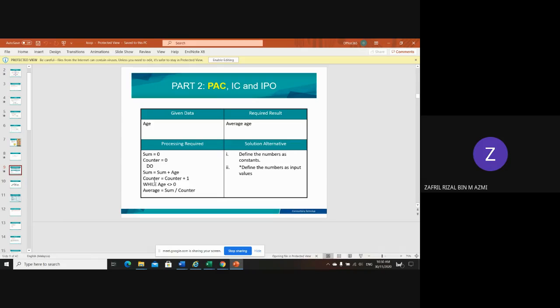So if you are using looping, somewhere over here mention about the looping. Let's say if you want to use while, just put it in brief, also okay. If you want to put it in details, also okay, as long as you mention there's a loop in the requirement, in the processing required.